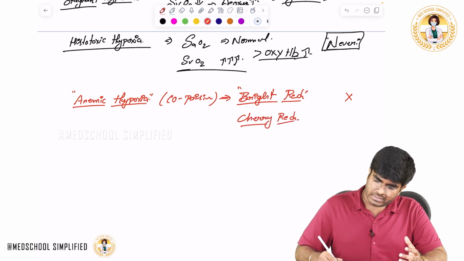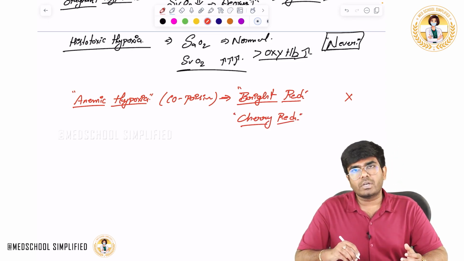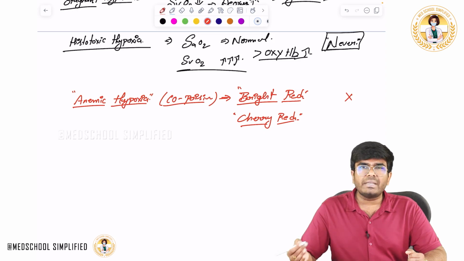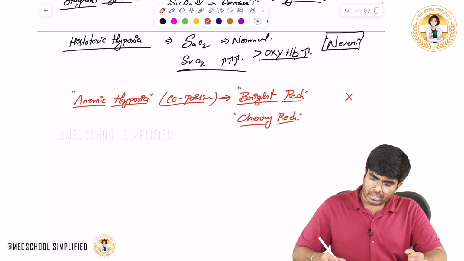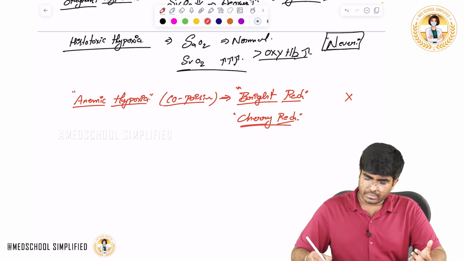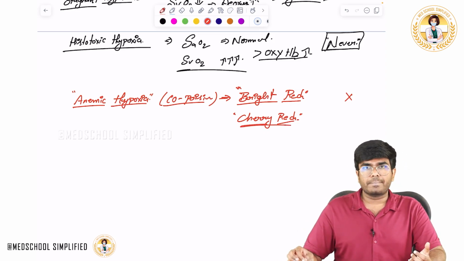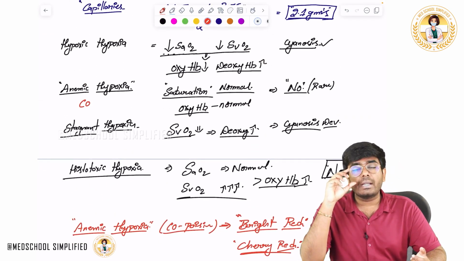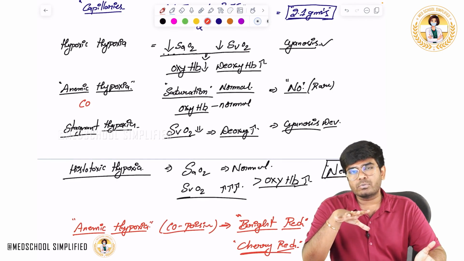Because of this, the bluish discoloration is not going to be seen. So the blood is going to be cherry red, and the tissues are not going to show bluish discoloration because of this bright blood.